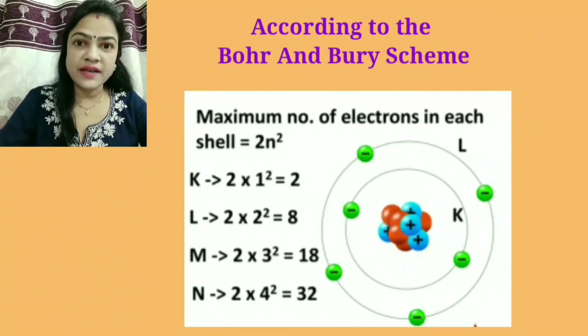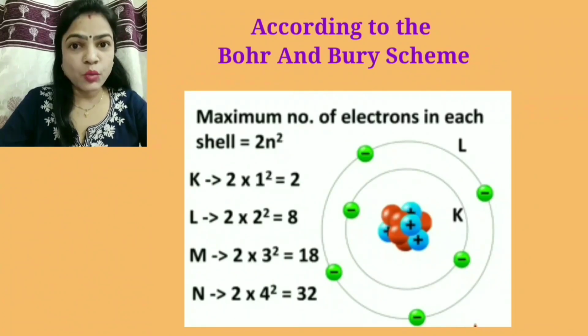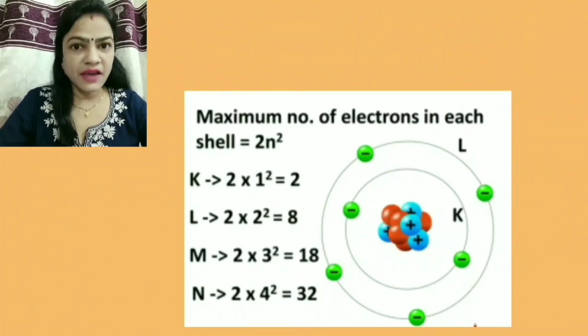Similarly, third shell, M shell: 2n² is equal to 2 into 3 square, which means 18 electrons. Fourth shell, N shell: 2n² is equal to 2 into 4 square, which is 32 electrons. Now, you can understand very well how many electrons enter in different energy levels.